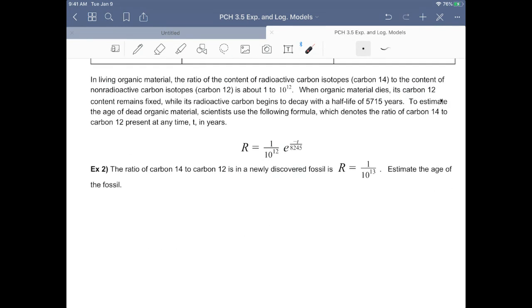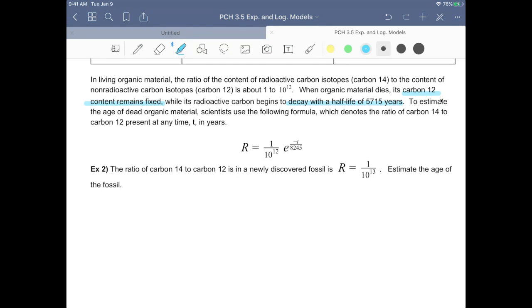All right, so this one's a little crazy. In living organic material, the ratio of the content of radioactive carbon isotopes, carbon-14, to the content of non-radioactive carbon isotopes, carbon-12, is about 1 to 10 to the 12. When the organic matter dies, its carbon-12 content remains fixed, while its radioactive carbon begins to decay with a half-life of 5,715 years.